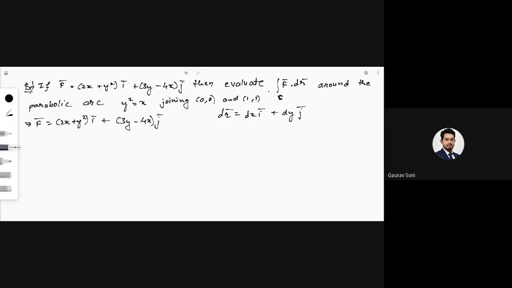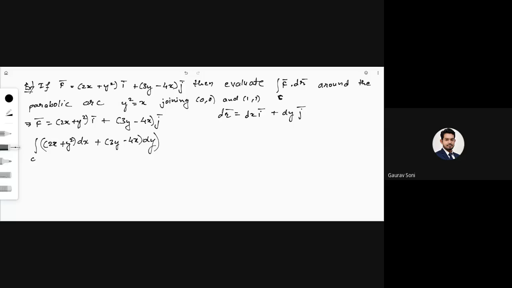Fine. Now integral over whatever curve is given, take the dot product of these two things, f bar dr bar. So that will be (2x plus y square) dx plus (3y minus 4x) dy.